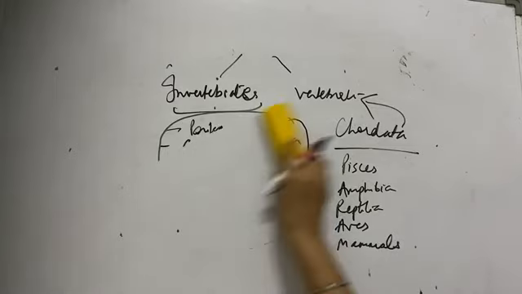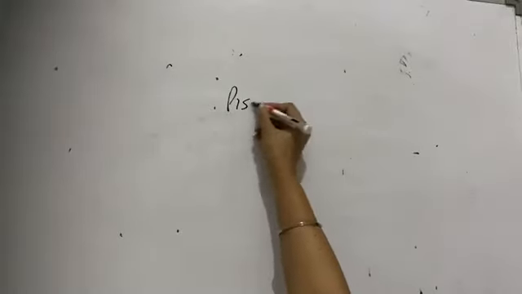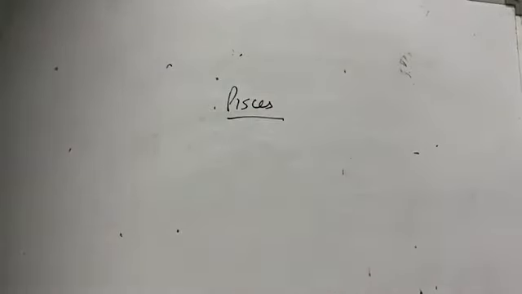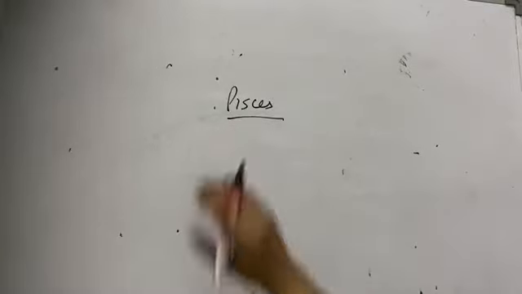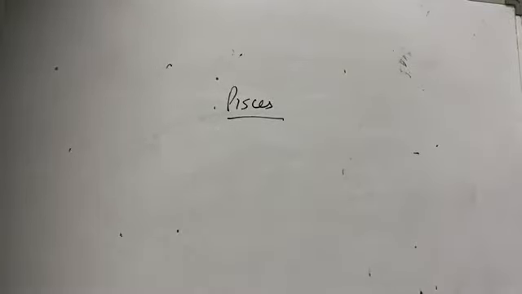Firstly, talking about Pisces. All the fishes belong to this class, which is Pisces. Sharks, seahorses, rayfish, all these also come under the Pisces. Okay, so what are the characteristics of fish? Fish may have a bony skeleton. Fishes are of 2 types.